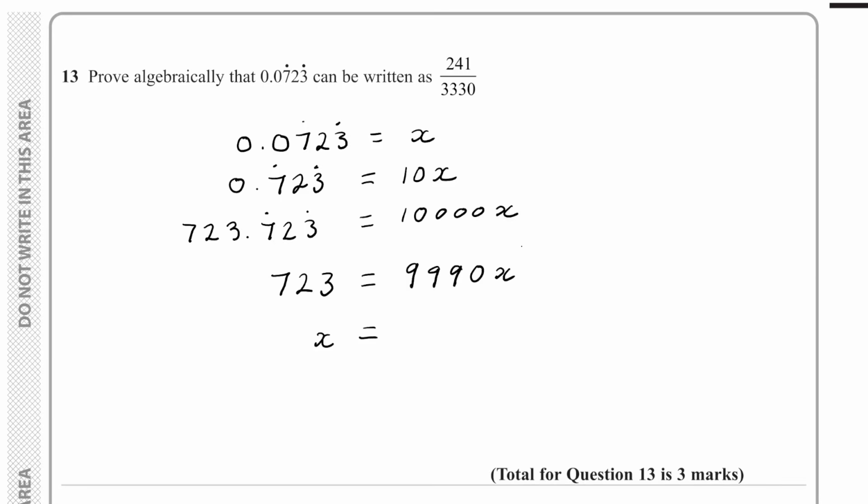So we can get x by itself by dividing both sides by 9,990. So 723 over 9,990. And then all we've got to do is divide top and bottom by 3, and we get 241 over 3,330.